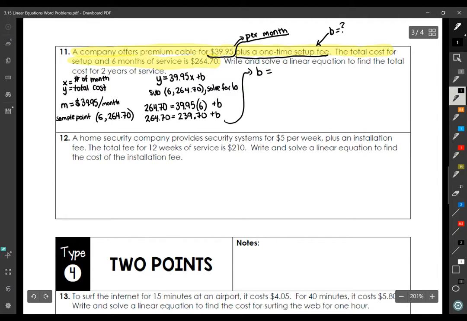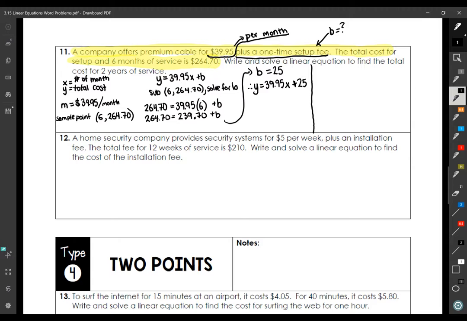B is equal to $25. Okay, so that means our equation is y is equal to 39.95 times x plus the one-time $25 fee. Okay, so now let's solve this equation. Okay, or move on to the second part.